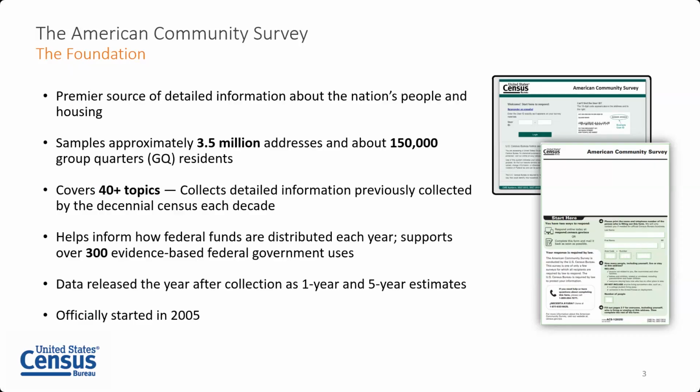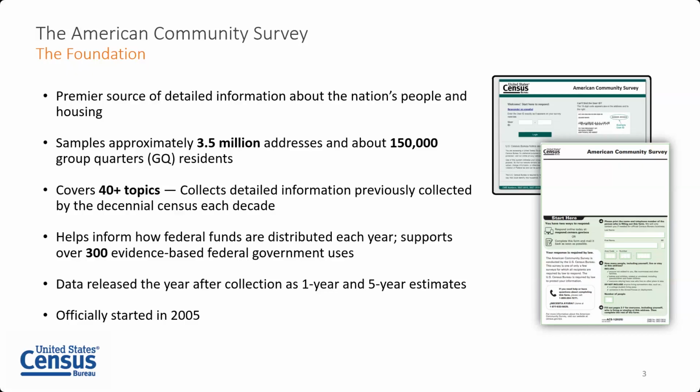The American Community Survey, or ACS, is the premier source of detailed information about the nation's people and housing. The survey samples approximately 3.5 million addresses each year and 150,000 group quarters residents. These data are collected continuously throughout the year to produce annual social, economic, housing, and demographic estimates for communities throughout the 50 states, DC, and Puerto Rico.